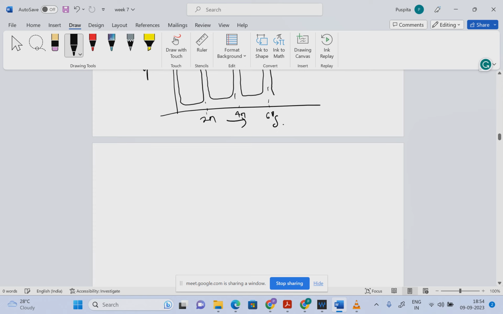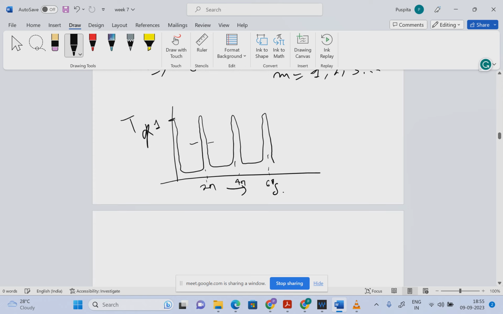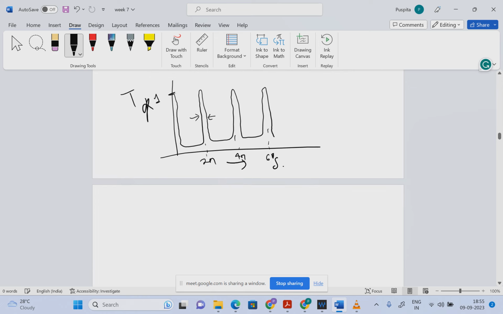Now we want to know the width. So what will be the width? FWHM, full width at half maxima. Maxima is 1, half maxima.